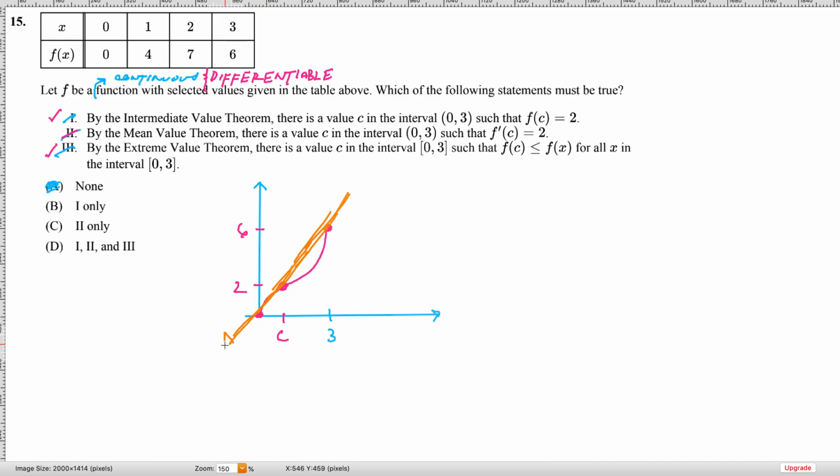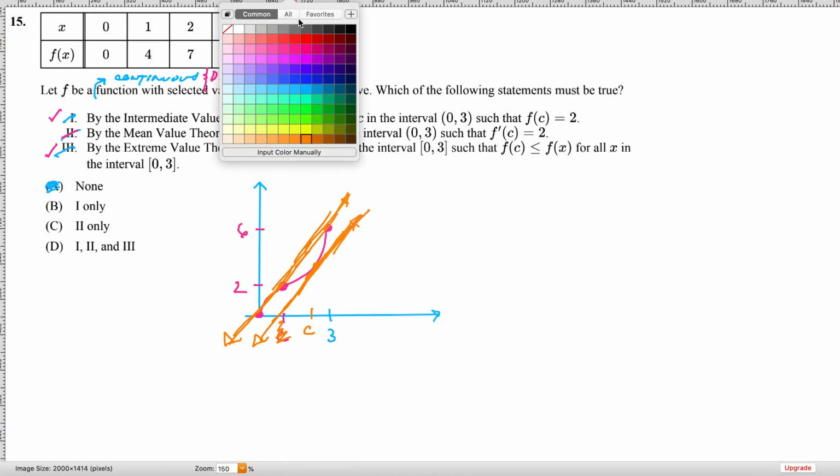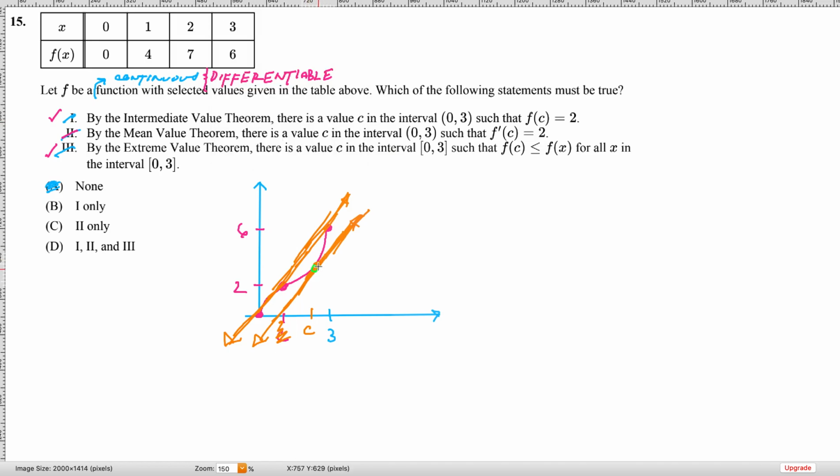And the mean value theorem basically says that there must exist some c, maybe right here, where the slope of the tangent line is the same as the slope of that secant line. So this would be c. And the slope of this tangent line, you guys should see, is the slope of that secant line.